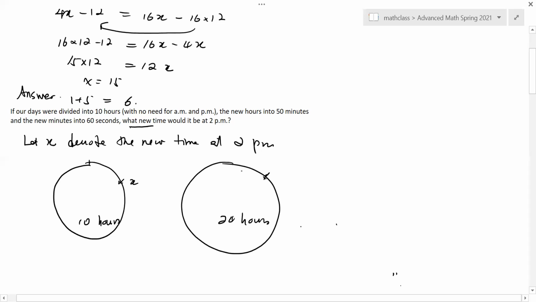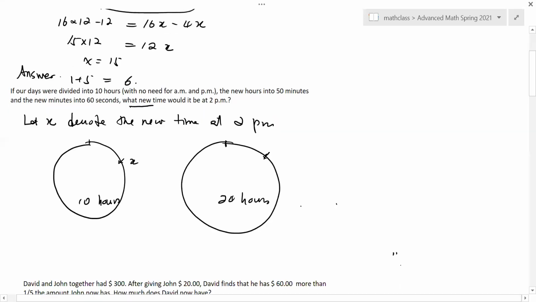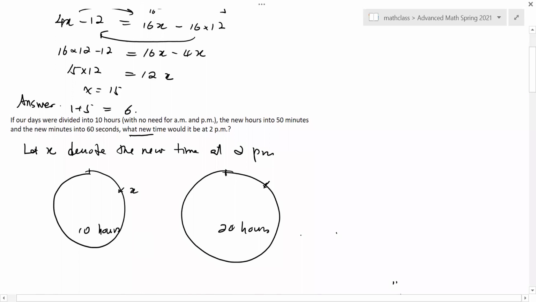So what is the corresponding time at 2 o'clock p.m.? Actually, it's a proportion: X over 10 should be equal to 2 o'clock p.m. over the total. 2 o'clock p.m. in the 24-hour format is 12 plus 2, which is 14.